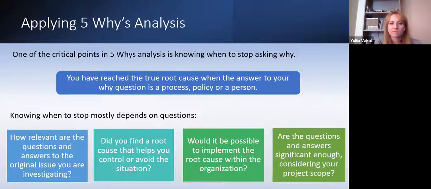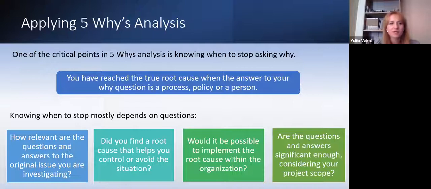And actually what I mentioned earlier, you need to consider if you can implement the root cause within your organization. If you can't implement it within your organization, that's not a root cause for you. Also important to understand: are the questions and answers significant enough to consider the project scope?